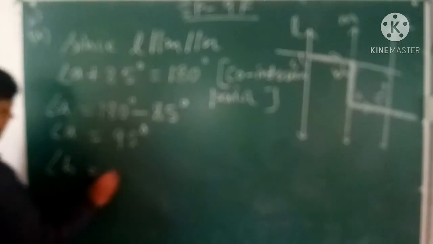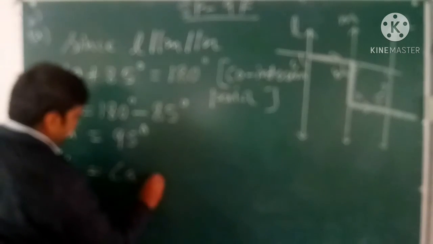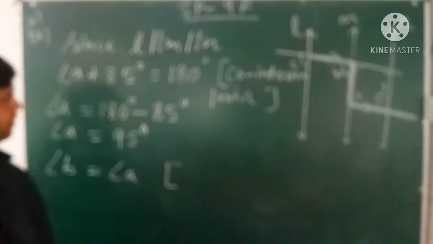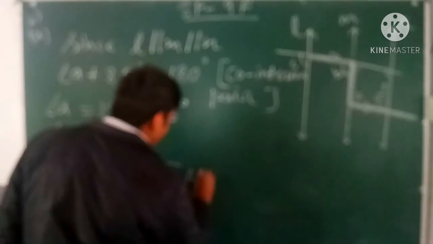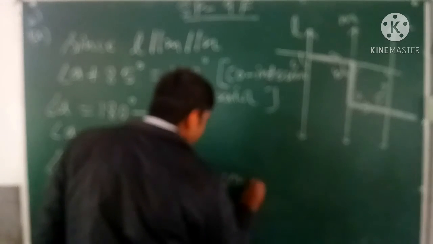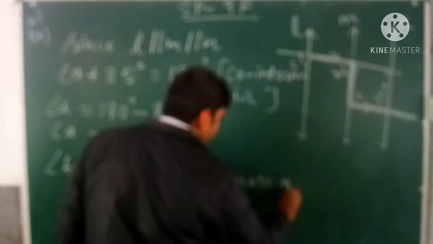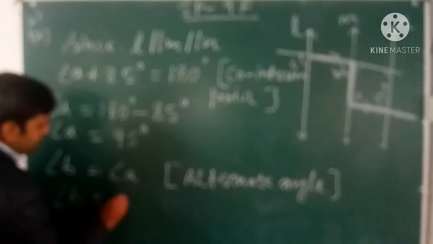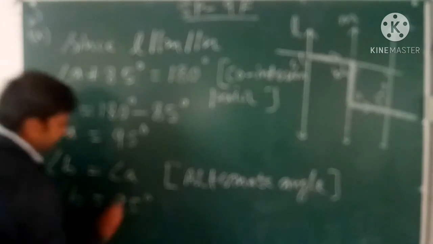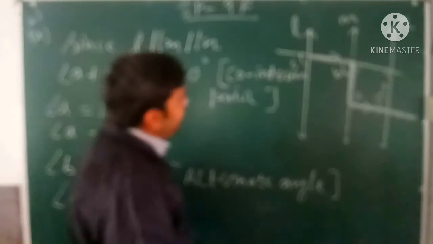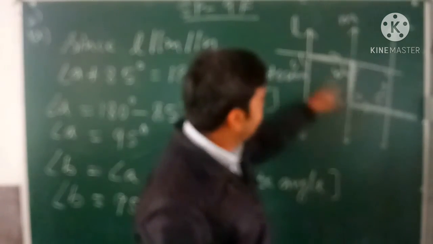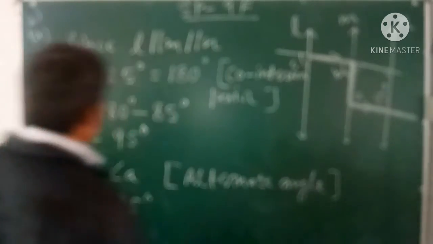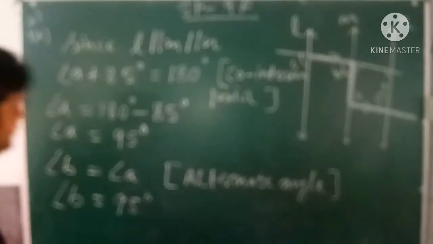Angle B equals to angle A. The reason you put alternate angle. Sorry, alternate angle. So what you can write? Angle B is equals to 95 degree. Now since angle C is corresponding to B, so angle C will also be 95 degree. That also you can write.